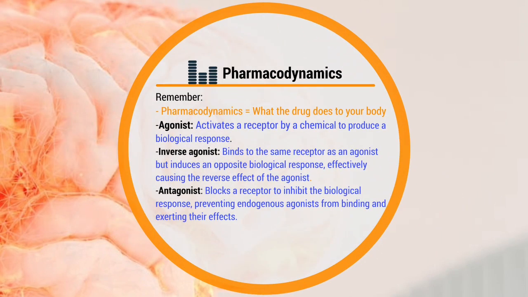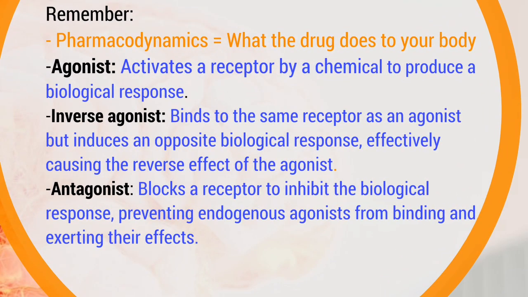Now, going over pharmacodynamics, it is what the drug does to your body, and we covered agonism, which activates a biological response. Partial agonism activates some but not full. Inverse agonism is the same thing as an agonist, but produces the reverse, opposite biological response.